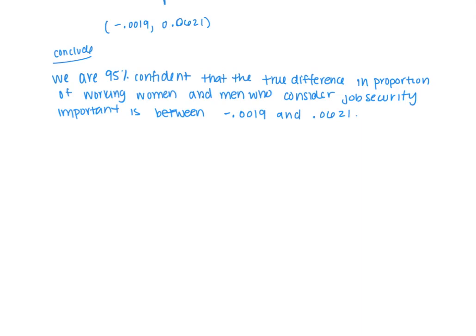It doesn't ask a follow-up question about this, but it could say, is there convincing evidence that women value it more than men? And in this case you would say no, because 0 is within our interval, so we don't have convincing evidence that women prefer or value job security over men. And that would be a state plan do conclude problem that would get you full credit.